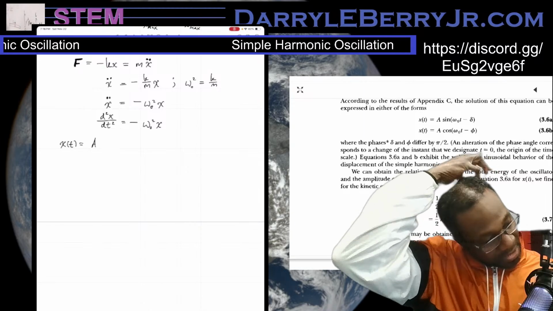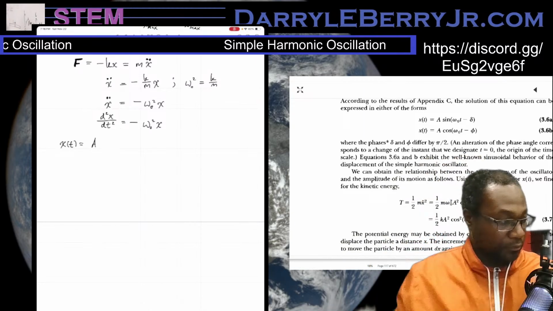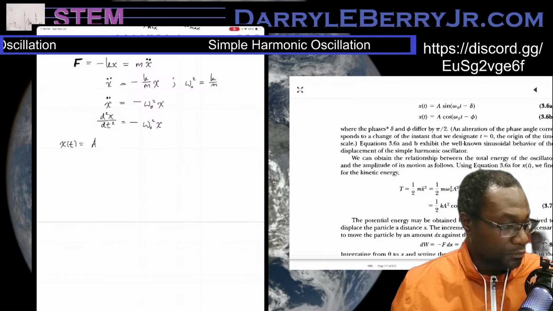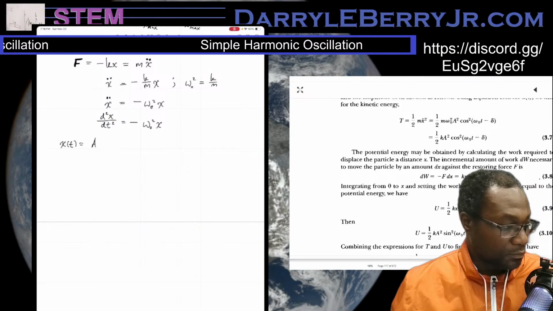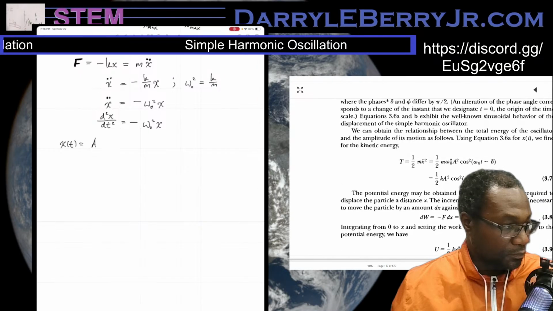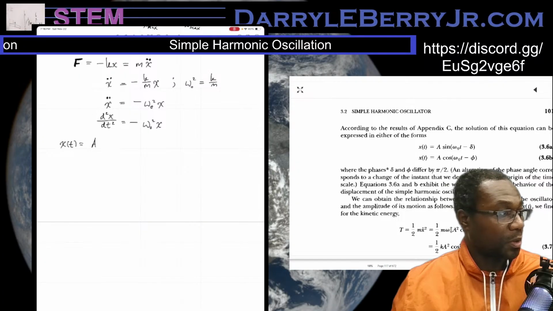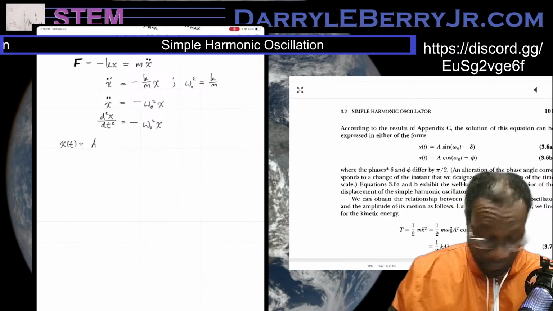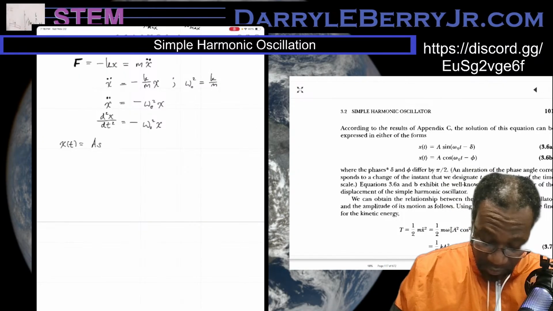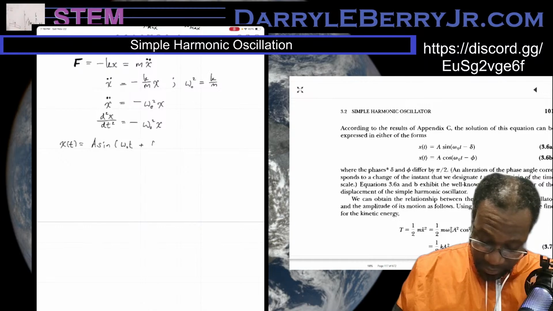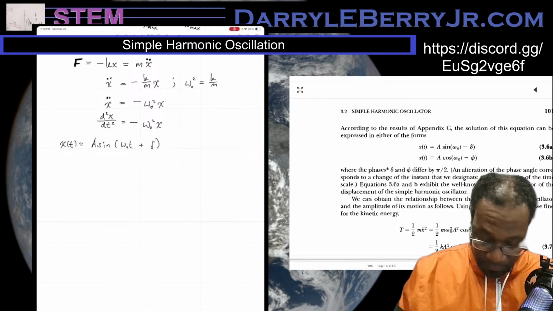It says it could be expressed in either of these forms. We shall go the sine wave. X equals, well, we have A sine of omega naught t plus some phase.